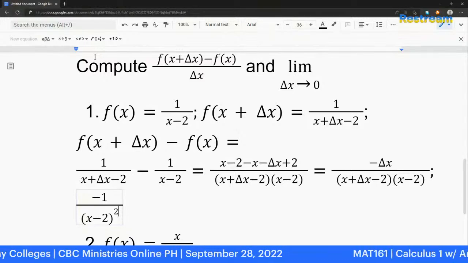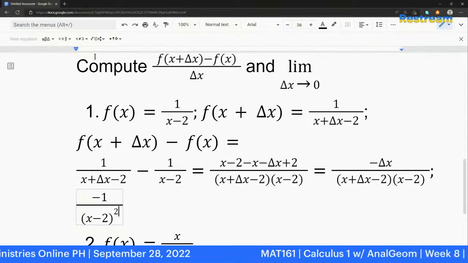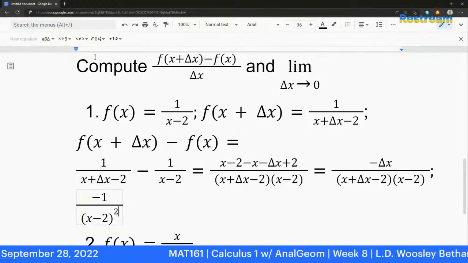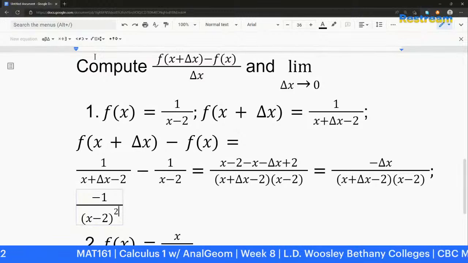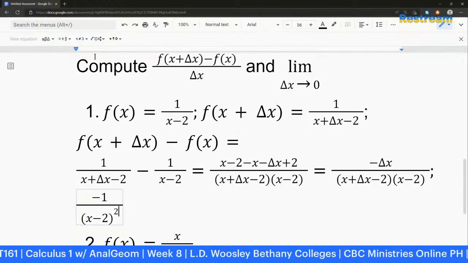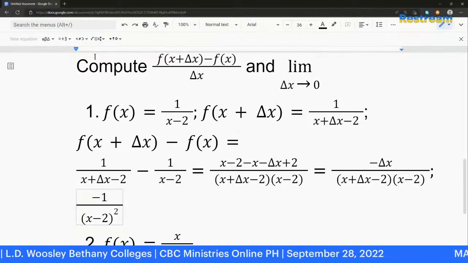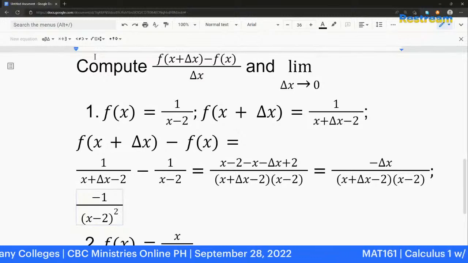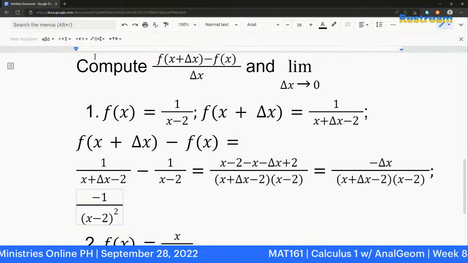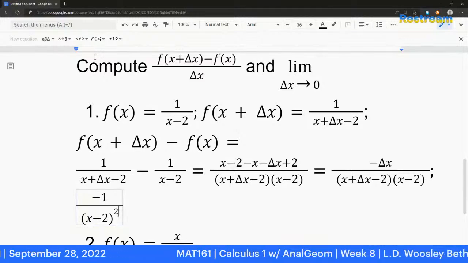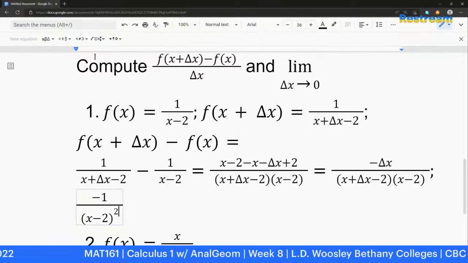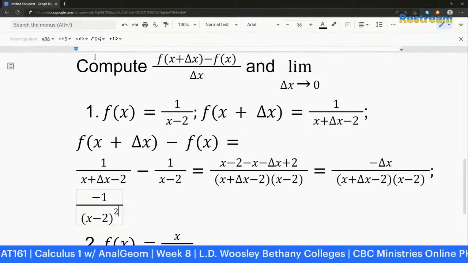Sir, yung sa delta x sa denominator, magiging 1? Oh, inassume ko nang ika-cancel sa delta x. Hindi ko na lang pinakita. Hindi po siya magiging x plus 1 minus 2 po yung denominator na magiging equivalent po sa x minus 1. Wala namang x minus 1 na given eh.